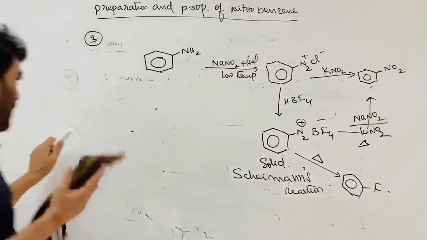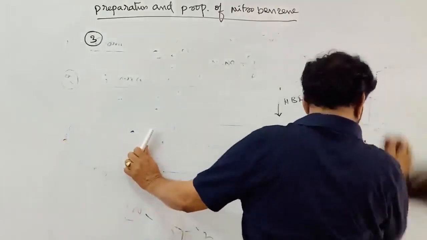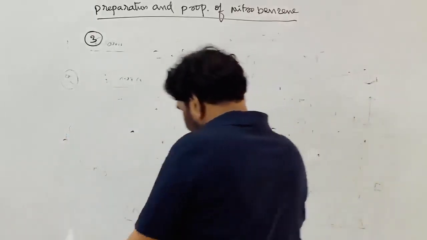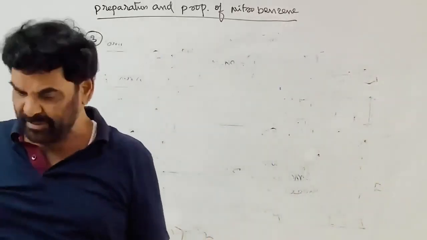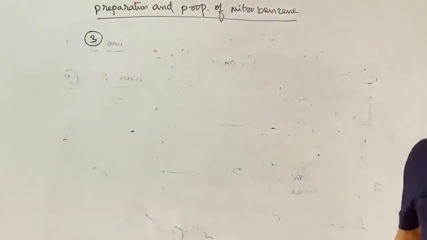See, if you have benzene, you can prepare nitrobenzene by direct nitration, and metadinitrobenzene by direct nitration if you increase the temperature.